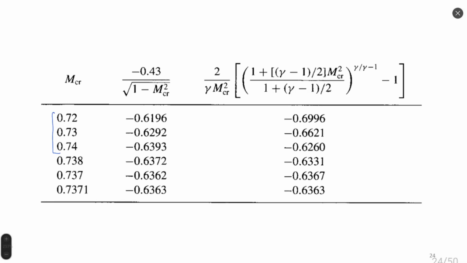We take left side of equation, which is compressibility correction, according to Prandtl-Glauert correction, and the right side of equation is asymptotic flow. We calculate for all these three cases, and we find at which case we have better correspondence of left side of equation and right side of equation. They should be equal once we find solution.